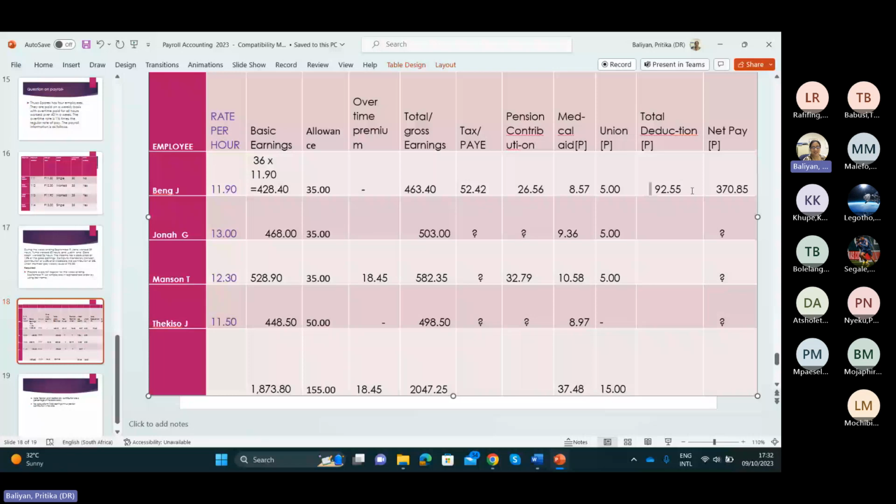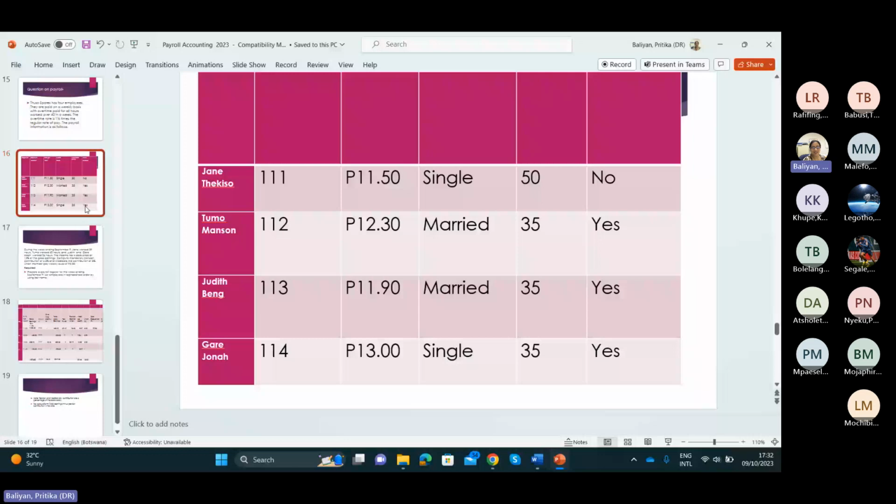Now, according to alphabetical order, who is the second employee? First is Judith Bank, then in alphabetical order, who will come second, according to their surname? Jonah.